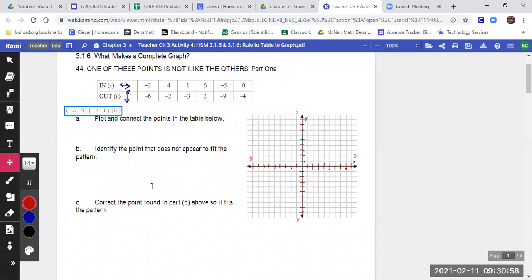We're rearranging them. Okay, what was the y with that 0? So we're making the coordinate pairs from the table. -4 goes with that 0. Next x, least to greatest. After 0 comes what? The 1, -3. Thank you.